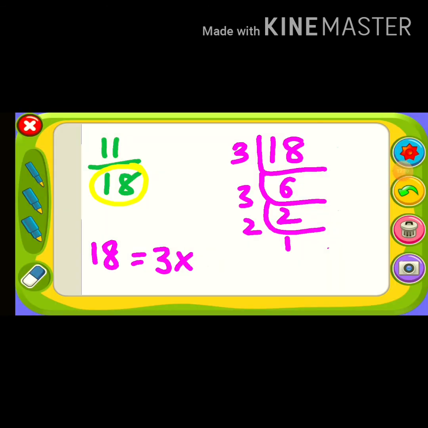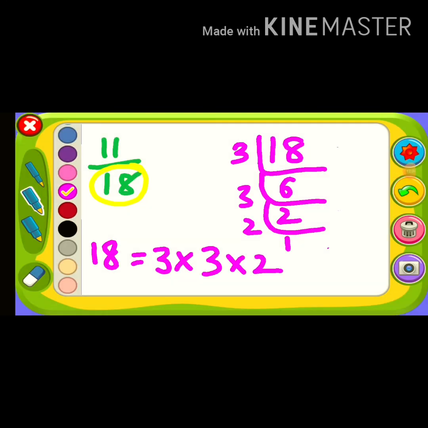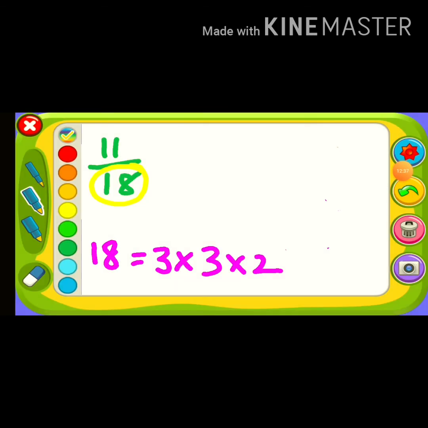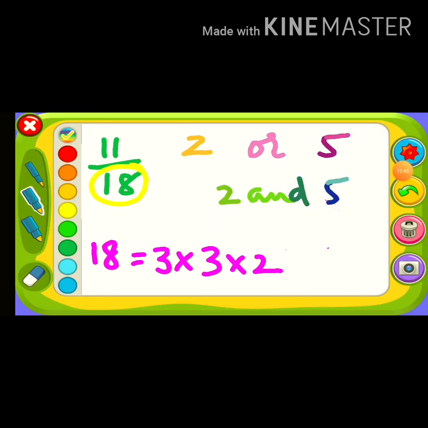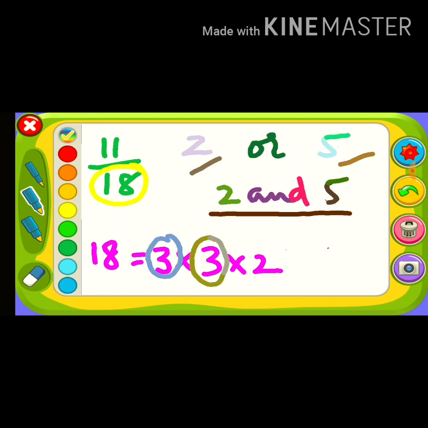The prime factorization must contain either 2s or 5s or a combination of 2 and 5. But we can see 3 here. 2 is okay, but we are able to find 3. The prime factorization contains 3. So 11 by 18 has non-terminating decimal expansion.